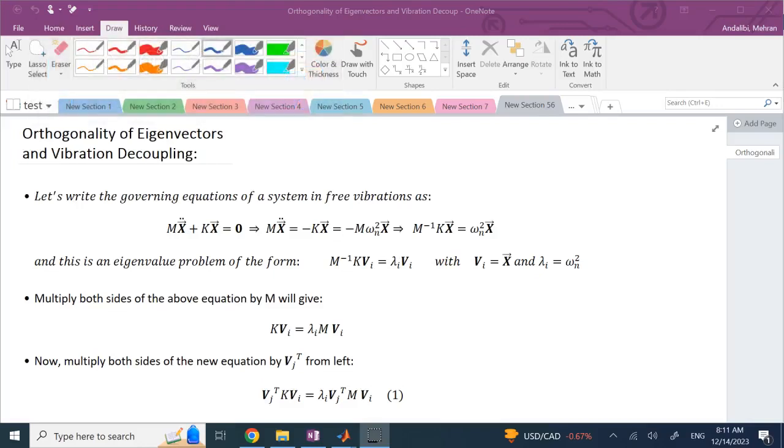Hello everyone. In this video we are going to look at another application of eigenvectors, or those mode shapes that I talked about in my previous video.